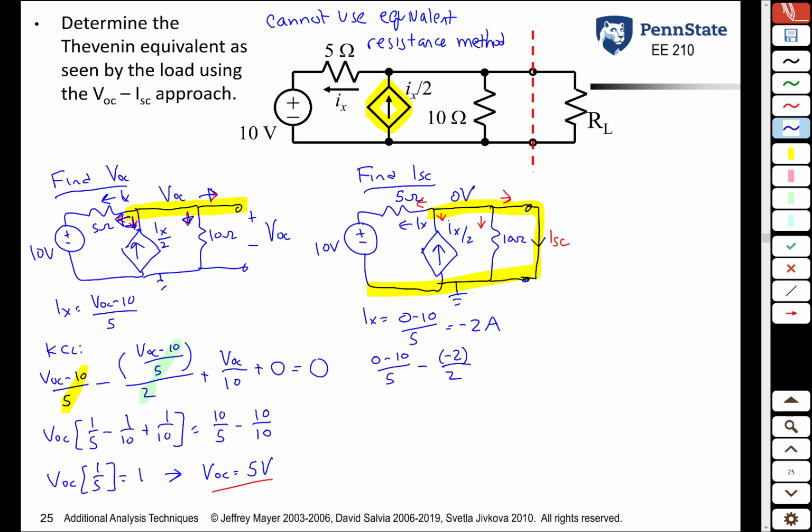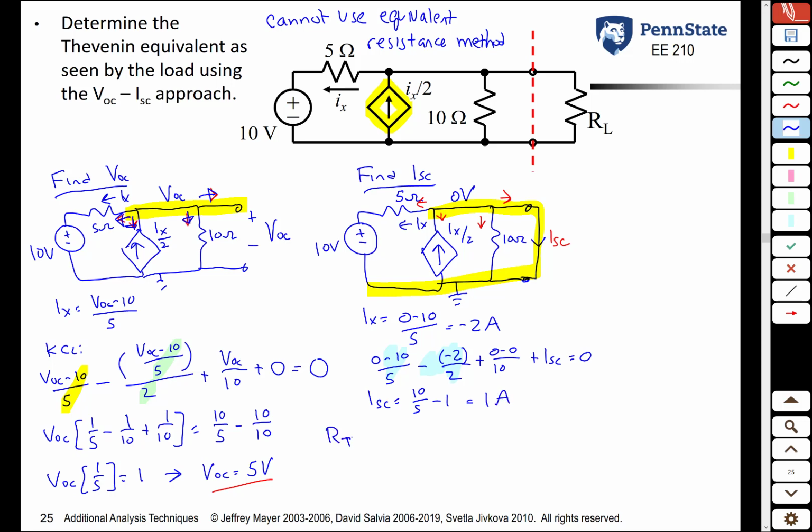Current going through the 10 ohm resistor is 0, 0 minus 0 over 10. And the current going to the right is what we're solving for, ISC. Sum of that equals 0. Solving for ISC, we get ISC is 10 over 5. That's this brought to the other side. This is plus 1. When we bring that to the other side, it's minus 1. So ISC is 2 minus 1, or 1 amp.